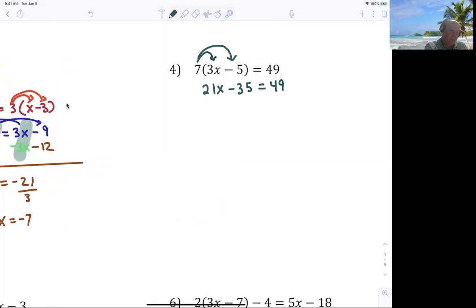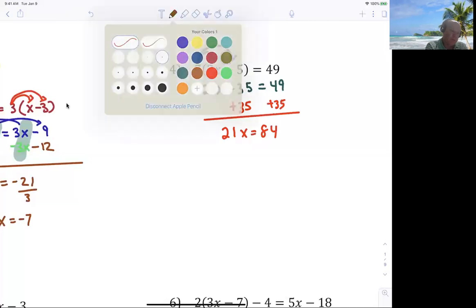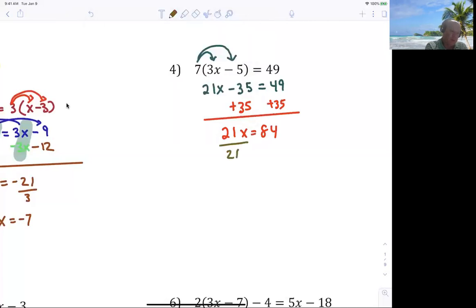Now we're going to move the -35, so I'm going to add 35 to both sides. So 21x equals 84. And now we're going to divide both sides by 21. X equals 4. Okay, that's one technique.